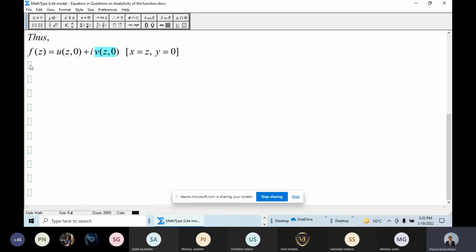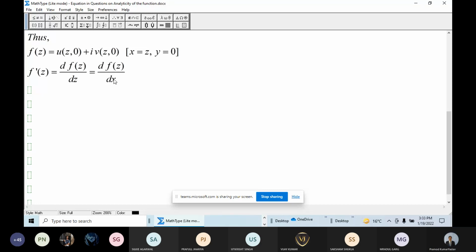For this purpose, what we are going to do, as earlier we know that if f is analytic, then its derivative with respect to z, that is d by dz of f(z), is equal to del by del x of f(z).